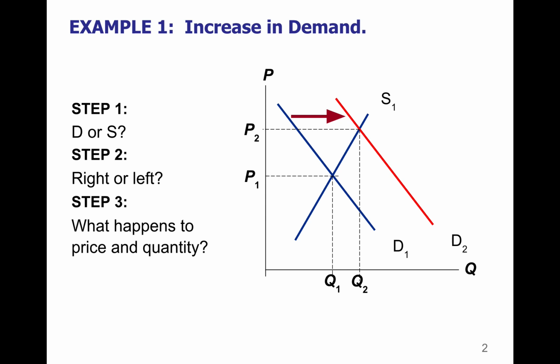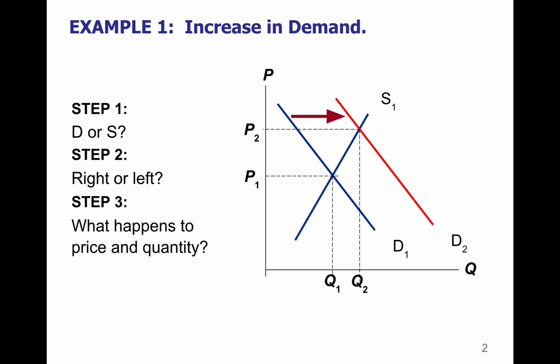This means all of the customers at all of their various prices are increasing the amount of units that they're interested in buying. But you'll notice when we shift the demand line to the right, the quantity that's supplied also moves with it. So we move to a new dot along the supply line, which is referred to as quantity supplied. And that is how the quantity both bought and sold is now at quantity 2.